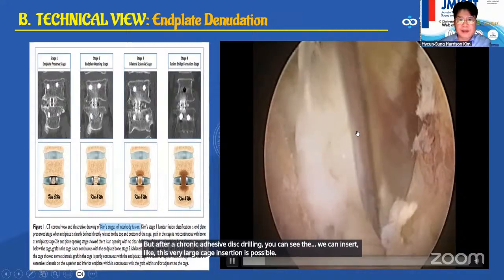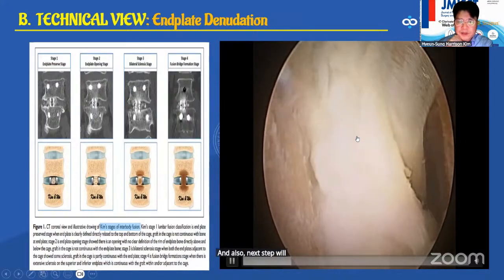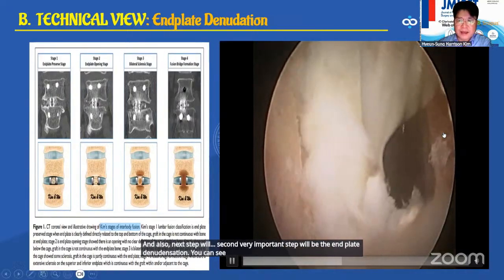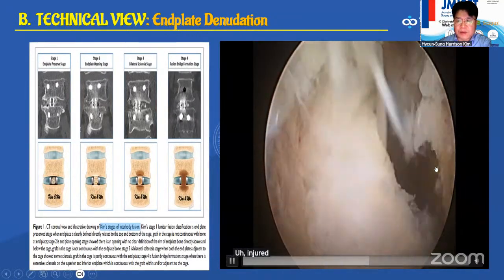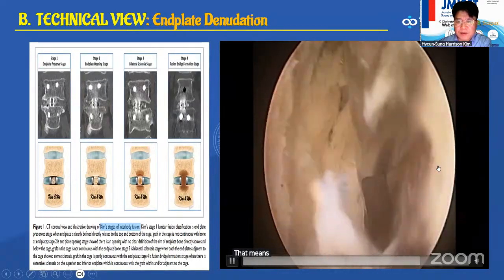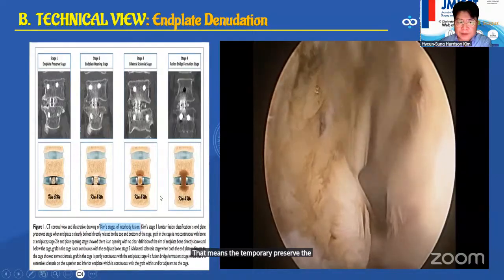And also the next step, the second very important step, is the end plate denudation. You can see the end plate is not injured, only denuded. That means the fusion bed is completely preserved.